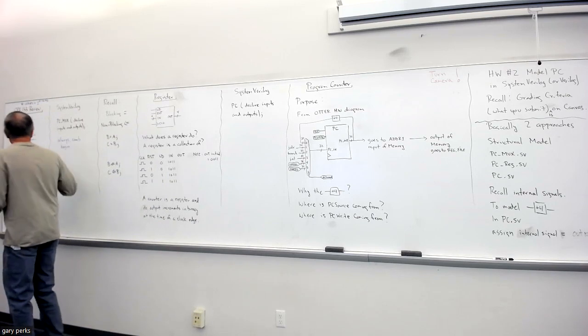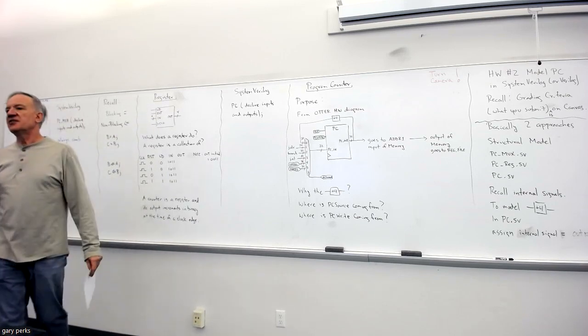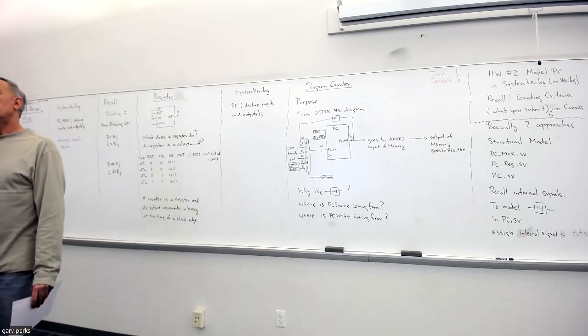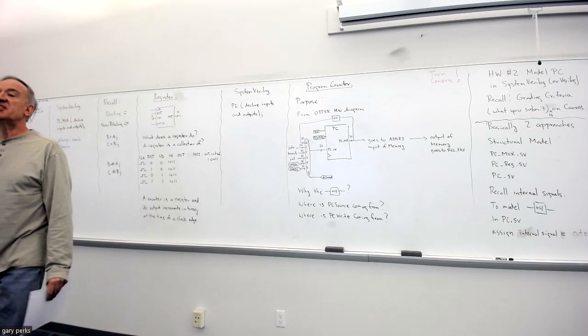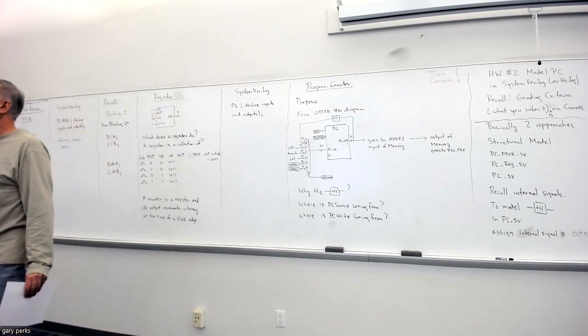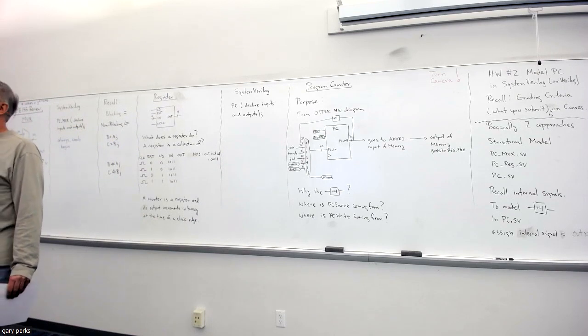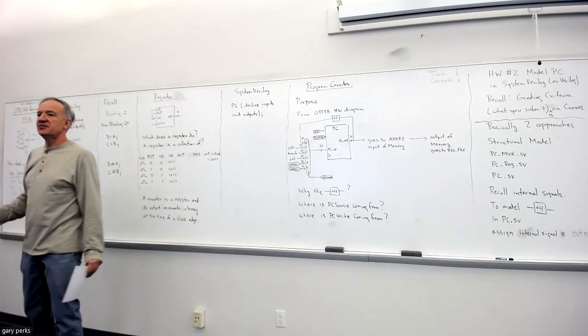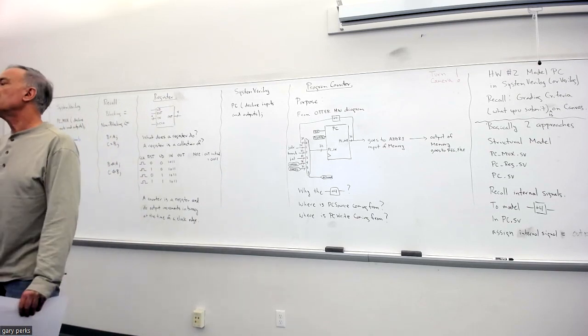Begin. Now, if you had 133 with me, I had you use an if statement for the mux, right? Because the mux that we had in 133, at least in my class, was just a 2-to-1 mux. This is a 4-to-1. You also have 8-to-1, 16-to-1.